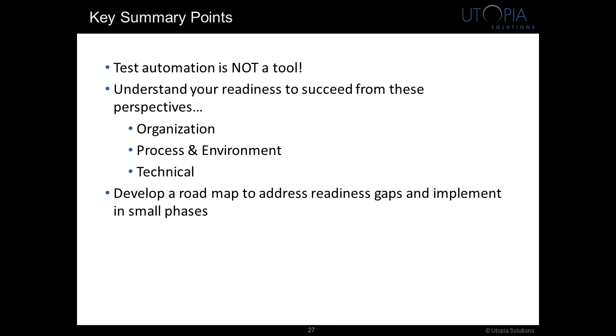To get there, you need to understand your readiness to succeed from an organization, process, environment, and a technical perspective. And once you understand those things, then you can develop a roadmap to address any of the gaps in those areas, and then of course, implement the automation solution, we feel, in small phases over time.